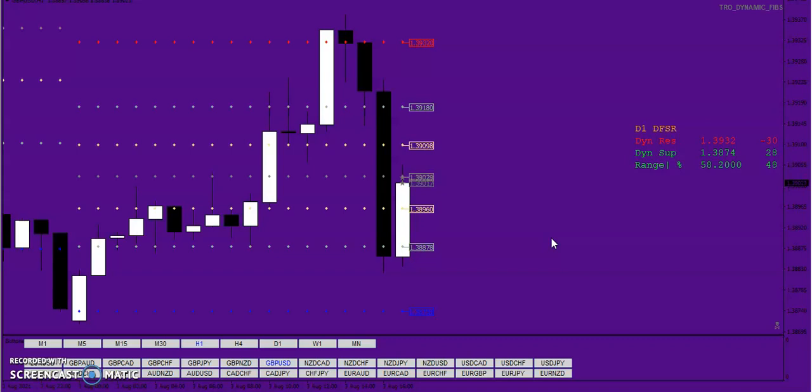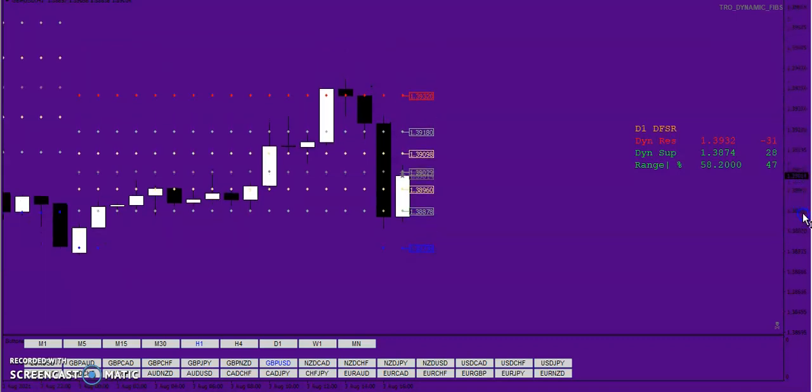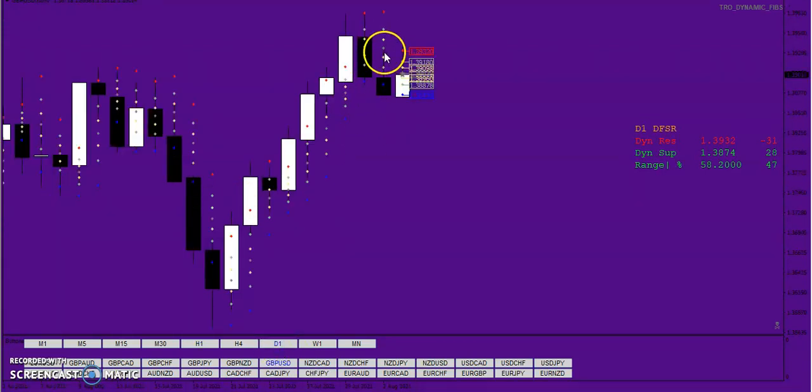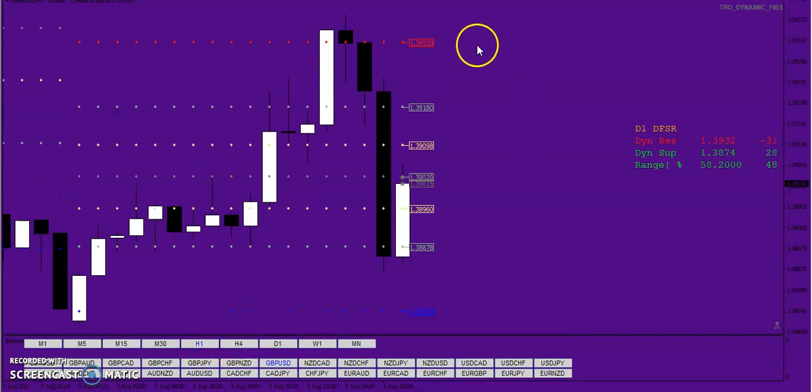So this is yesterday's highs and lows. If we look at the daily, you can see yesterday's highs and lows, drop down to the hourly.